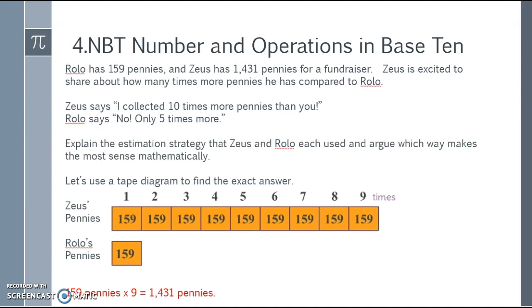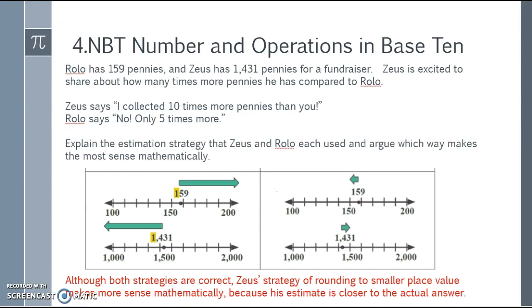So 159 pennies times 9 is 1,431 pennies. So when I put their estimations next to each other, although both strategies are correct, Zeus's strategy on the right here of rounding to a smaller place value makes more sense mathematically because his estimation is closer to the actual answer.